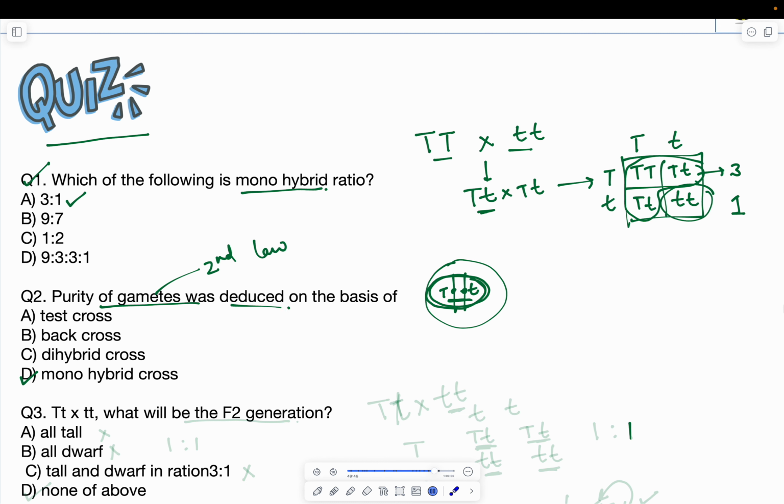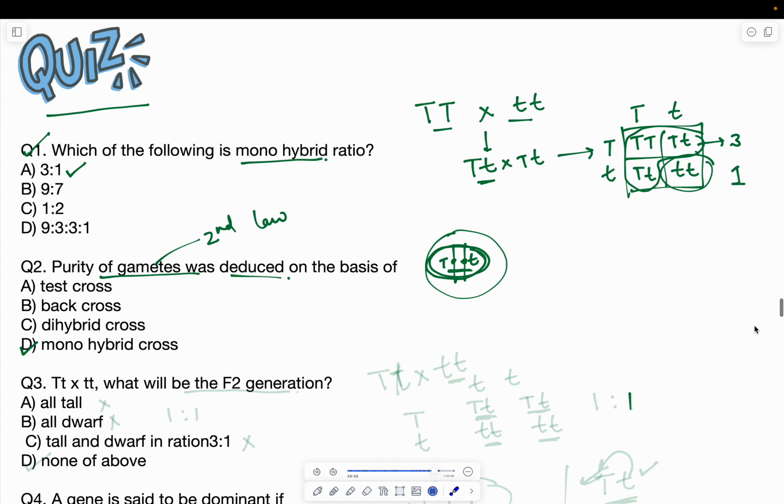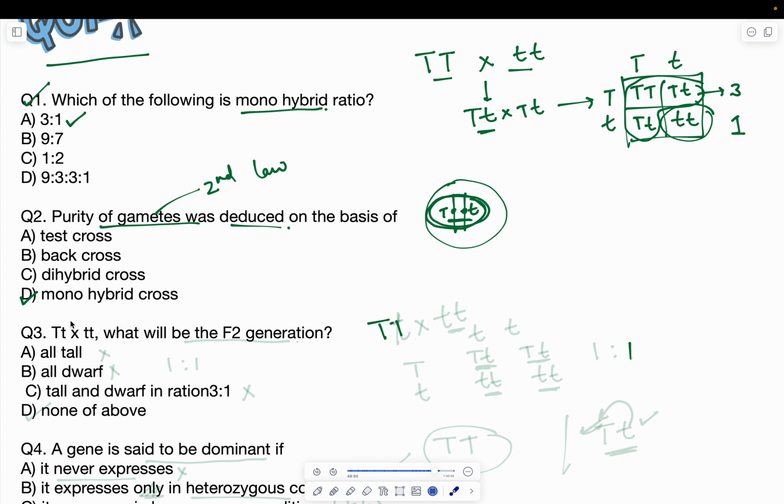Then there is a cross of a hybrid. It's a kind of test cross, where the hybrid is crossed with the recessive genotype. So what will be the F2 generation? Fine, so you draw all the possibilities here. What do we find?